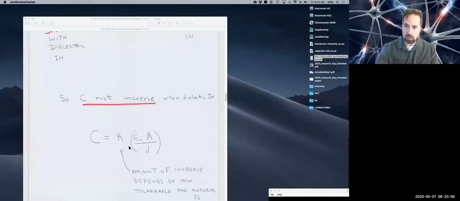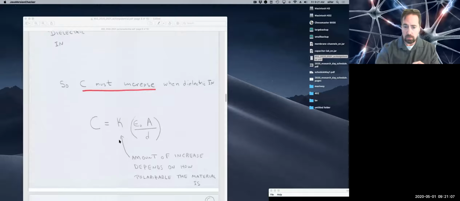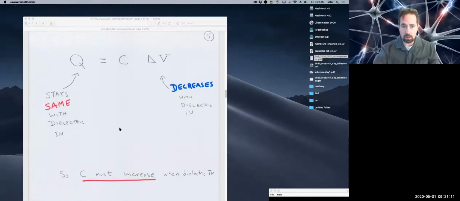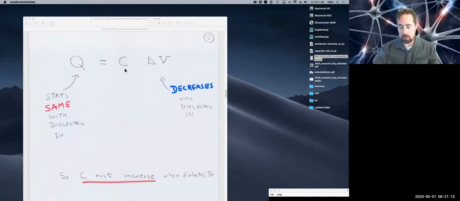And that increase basically manifests in this multiplicative factor, the dielectric constant. So this amount of increase is going to tell us how strongly this parallel plate responds to an applied potential difference.